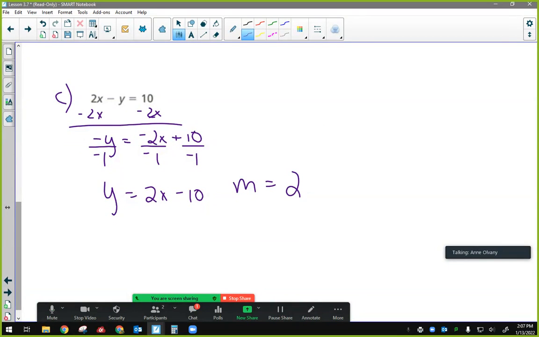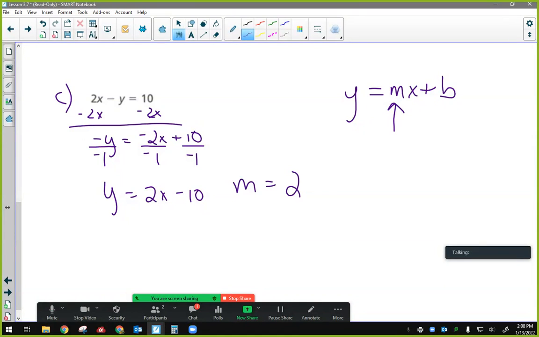Does anyone want to talk about any of those slopes? John, Henry said something in chat. It doesn't work because it's not in y=mx+b form. You have to put it into y=mx+b form, the equation of a line, before you can find the rate of change.